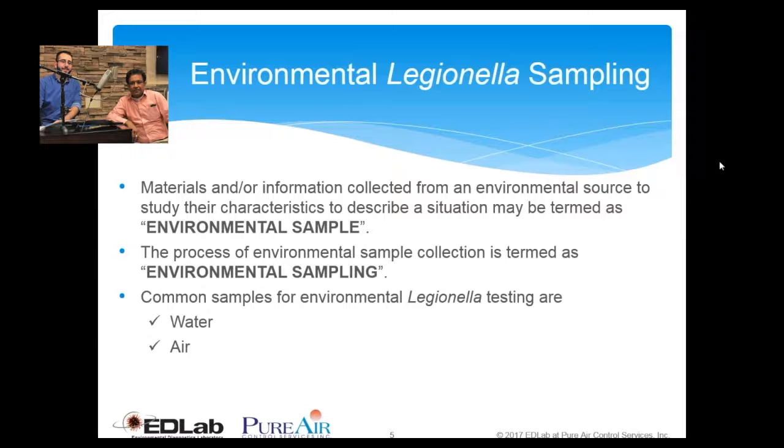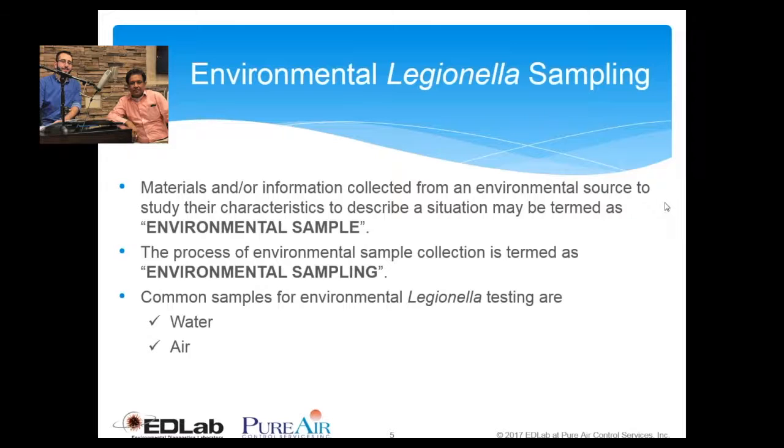And that's why it was important, I believe, to understand what the environmental sample and the environmental sampling procedure are, because it definitely is going to be a little different than collecting the clinical specimen for testing the Legionella. That's why I thought it's very important to understand that.